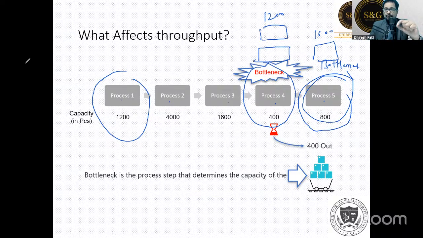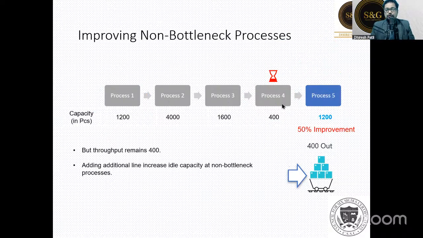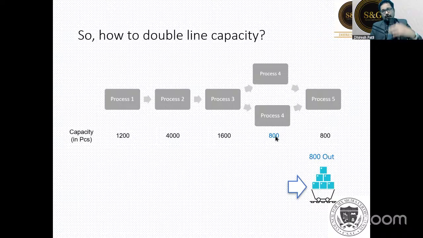You have to work on the constraint and expand that. And the bottleneck shifts to the next. So here we need to add another process at process 4, and you will get additional double capacity here.